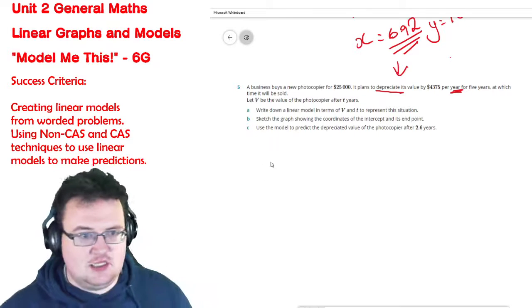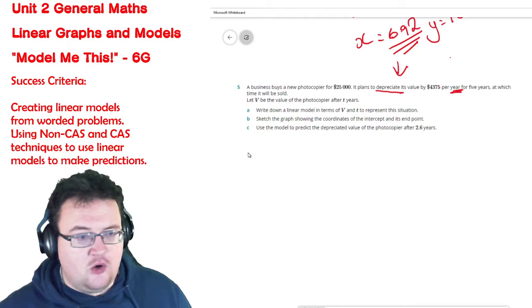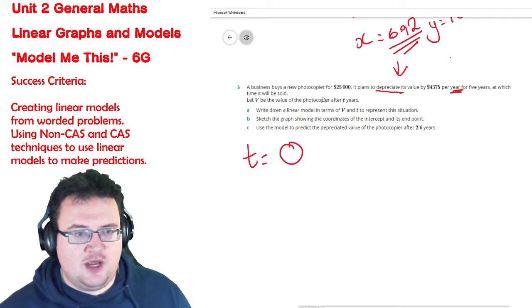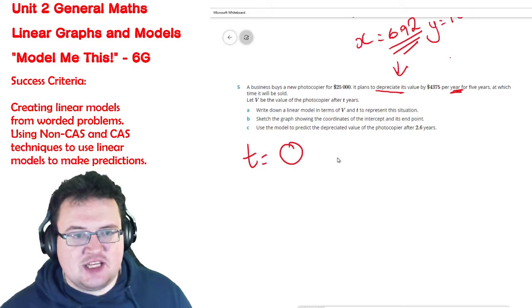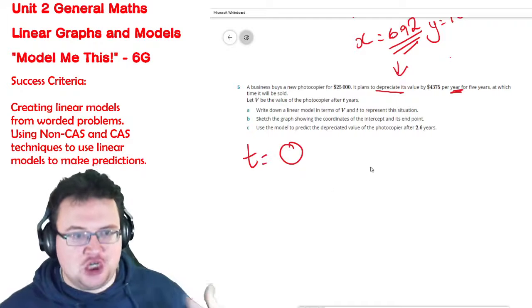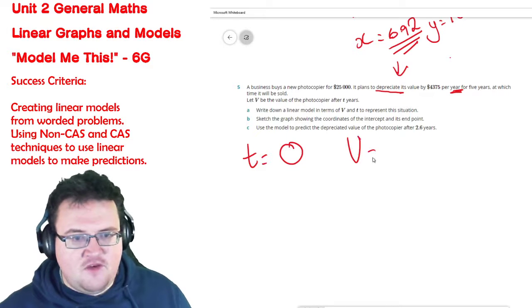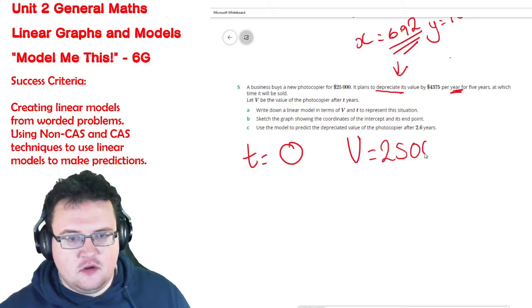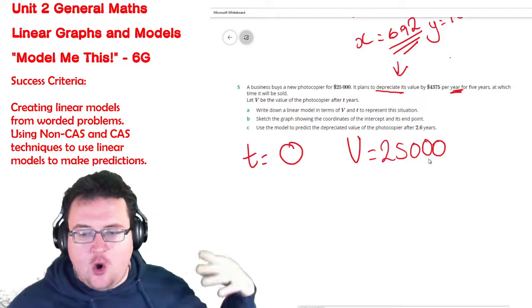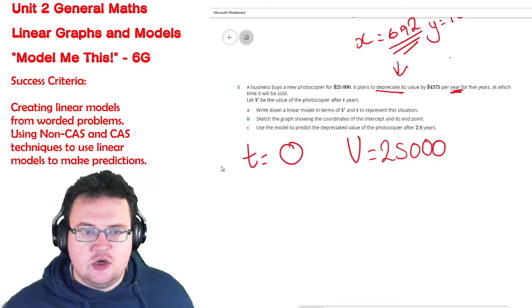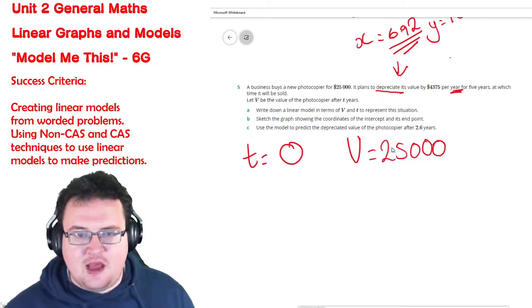No time has passed. So, when T equals 0, because it's asking us to make V the value of the photocopier and T being the number of years, after T years, i.e. they literally just bought it, V is equal to 25,000.